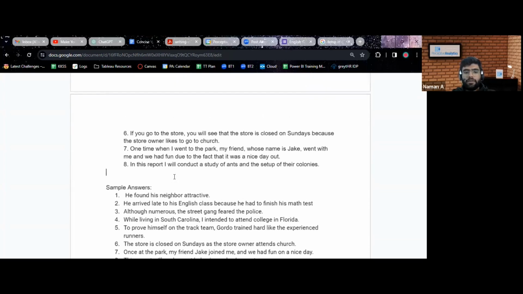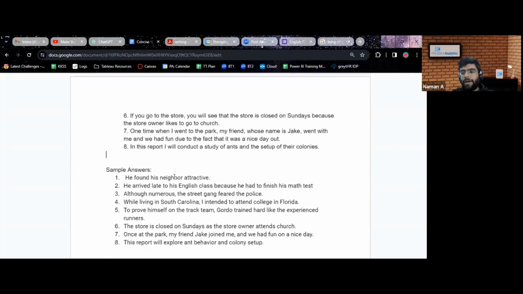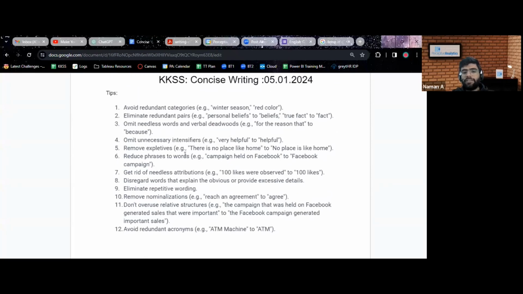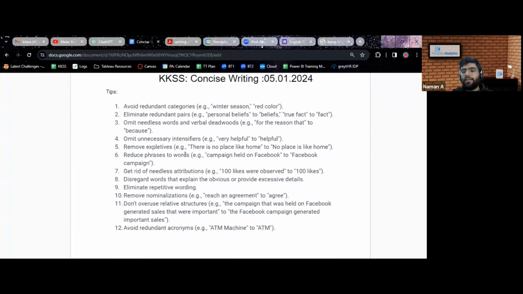So basically, for the next part, I have a small paragraph in a Google form, and based on these sentences, based on these tips, we can try and edit that paragraph to make it more concise. I have tried to make it a little more wordy and not very concise.